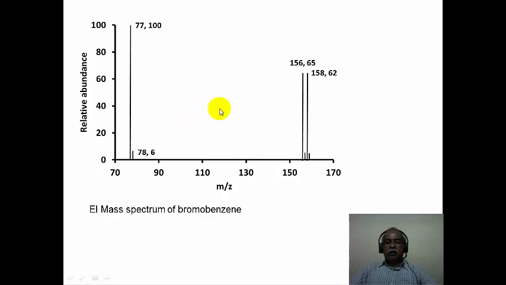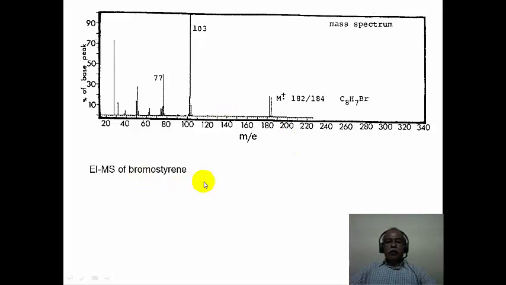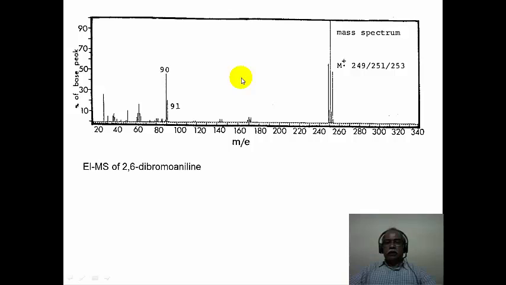This is bromostyrene. You cannot tell which isomer of bromostyrene we are talking about. Nevertheless, one can see the molecular ion peak at 182 and 184 corresponding to bromine 79 and bromine 81. When it loses a bromine, you see a single peak of the styryl cation, which has a molecular weight of 103.